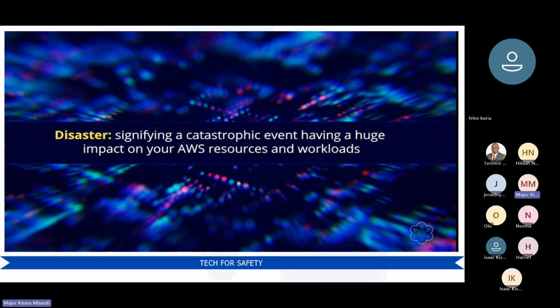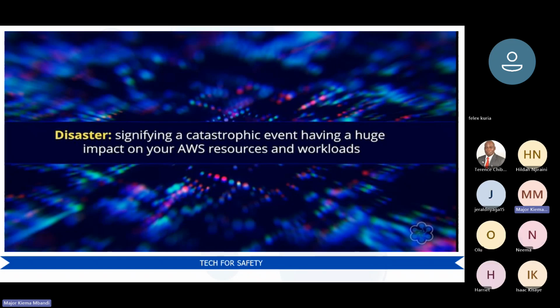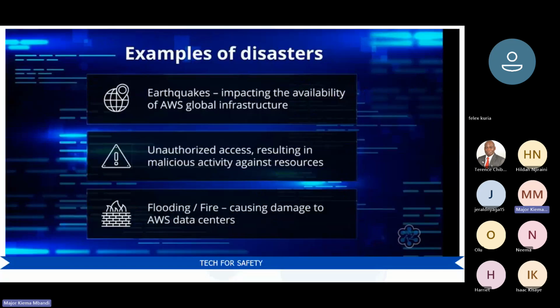An earthquake can impact the availability of global infrastructure, and unauthorized access can result in malicious activity against your resources. It can be flooding or fire. Remember the recent fire in California where houses were burned; damage to AWS data centers can still happen.